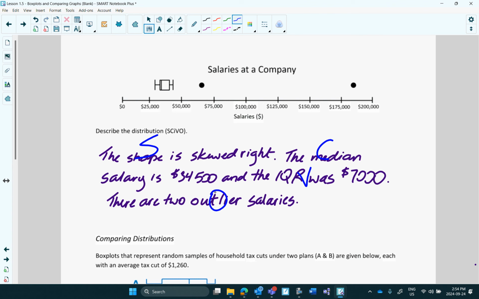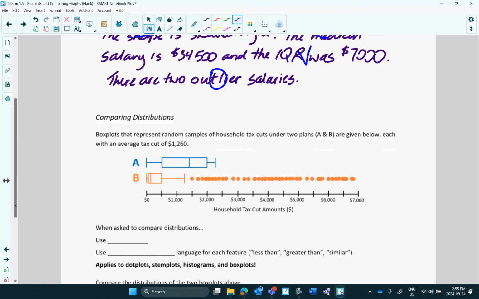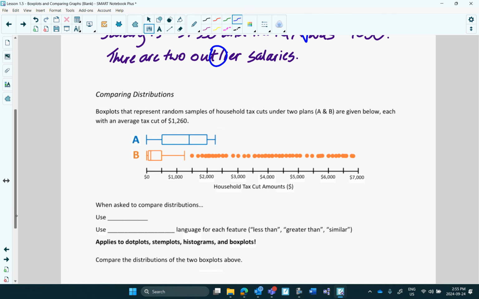What about comparing box plots? This is the last thing I want to talk about. Here are two, and this revisits tax cuts. So here's two tax cut plans. Here we have tax cut A. What would the median tax cut be in A?